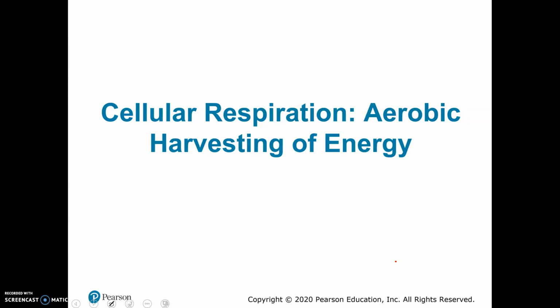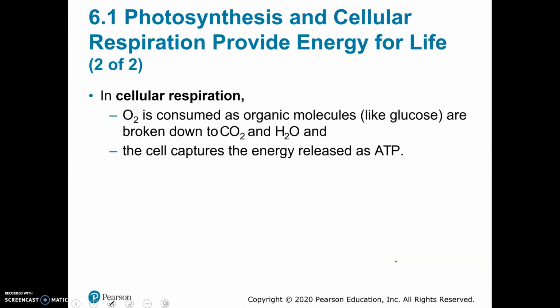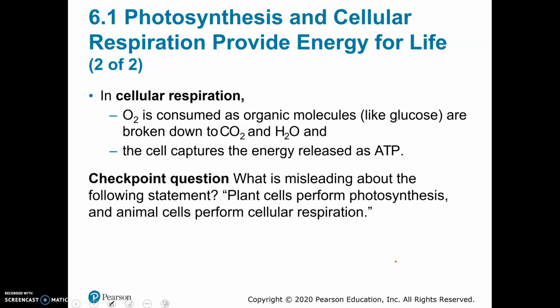All right, so to wrap this up, in cell respiration, oxygen is taken in, it's broken down into carbon dioxide and water, and then the energy that's released becomes ATP.